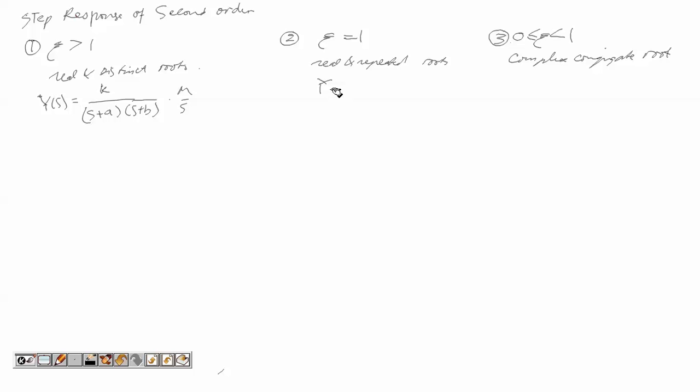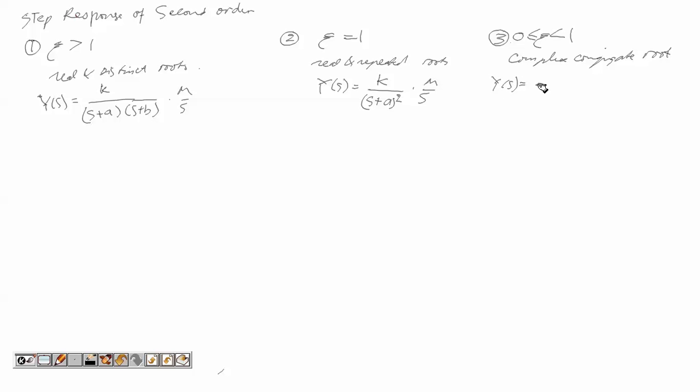For the real and repeated root, Y(s) will be K over (s plus a) squared, because there are two roots, times 1 over s.